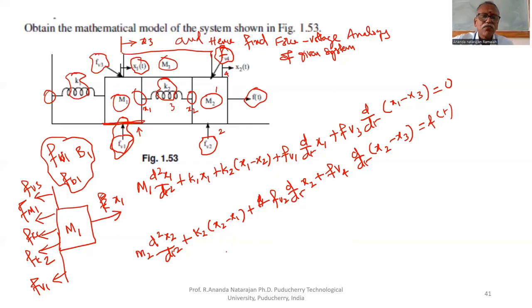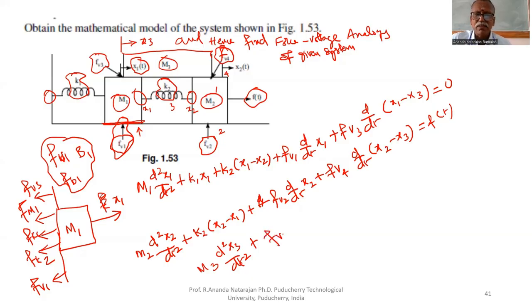Then for m3, d square x3 by dt square plus no spring, only dashpots. Dashpots are fv3 and fv4. That's all. Therefore, no applied force.